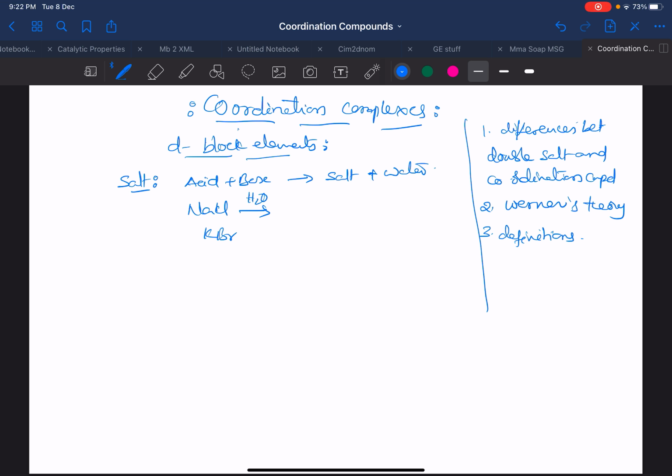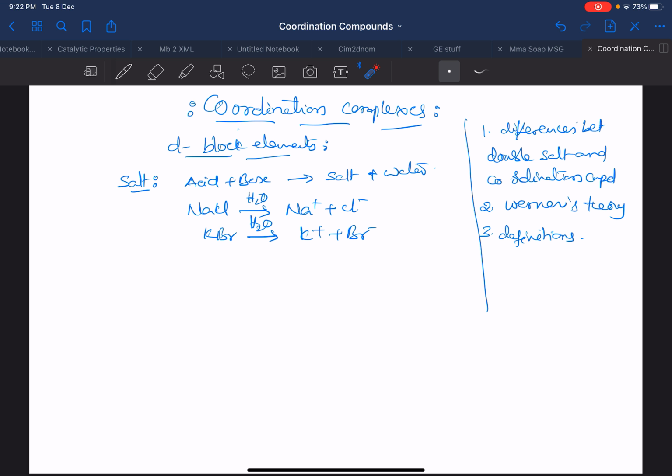NaCl, when it reacts with water, gives Na+ and Cl- ions, whereas KBr, when it dissolves in water, gives K+ and Br- ions. That means these salts dissociate into their constituent ions.